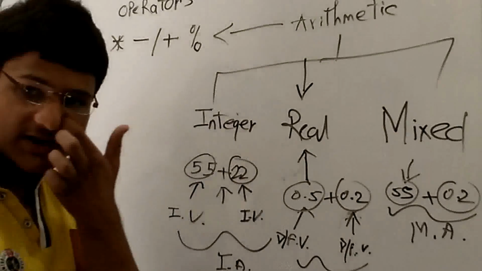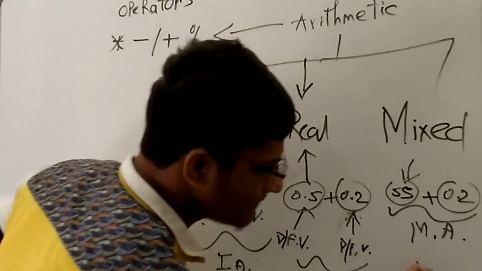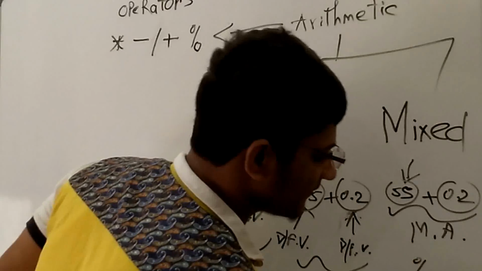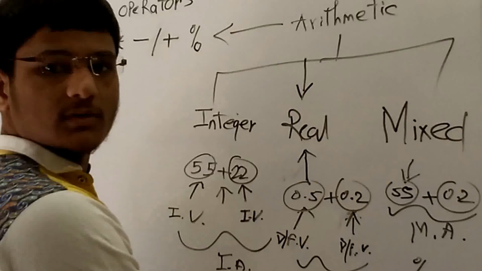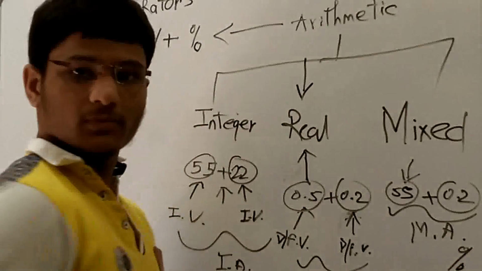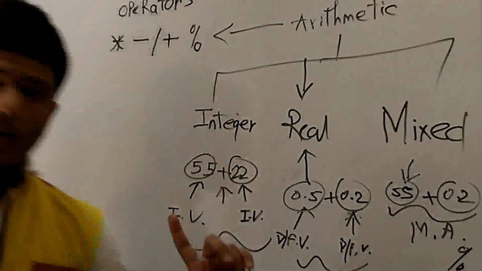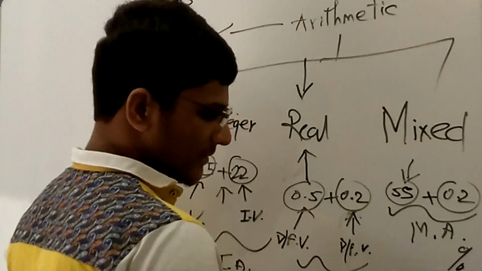So I hope arithmetic operator is clear. There is one note over here. In mixed type of arithmetic, you cannot use the modulo operator. Be careful about it.